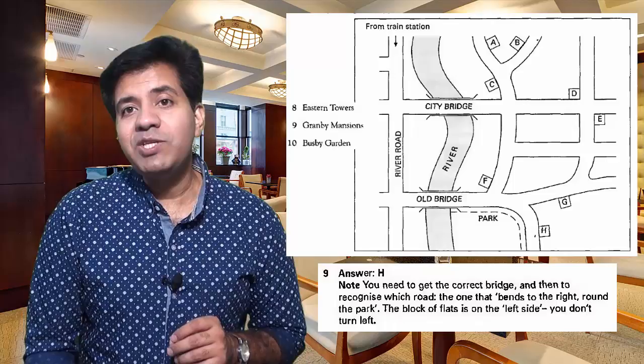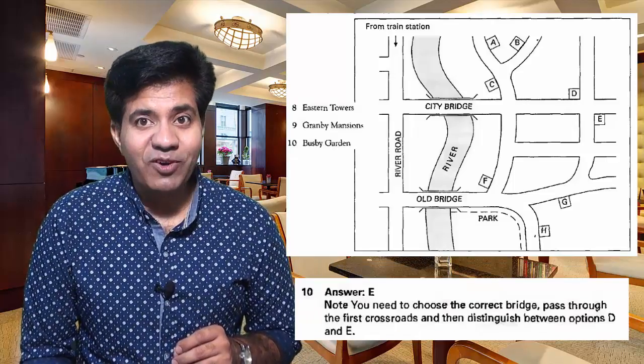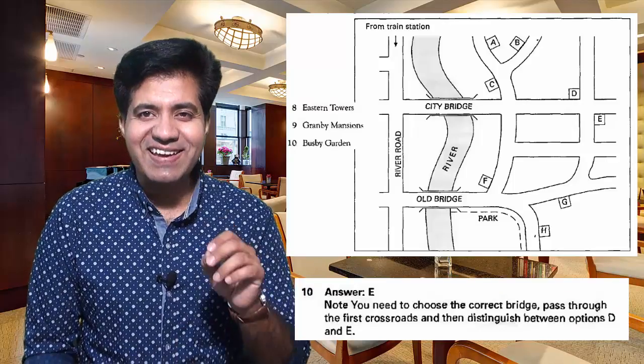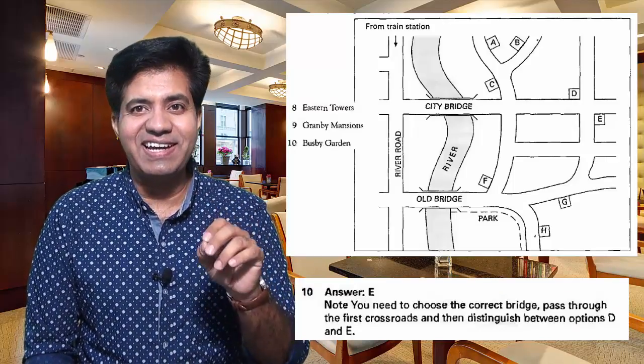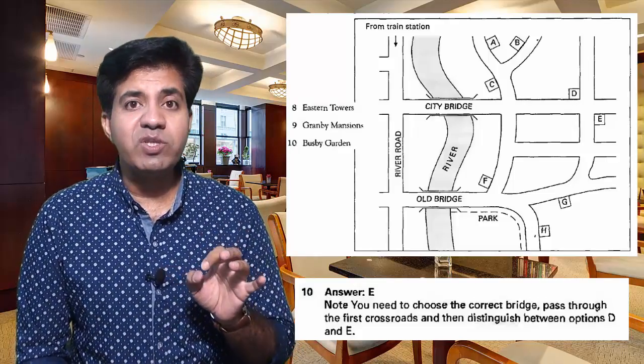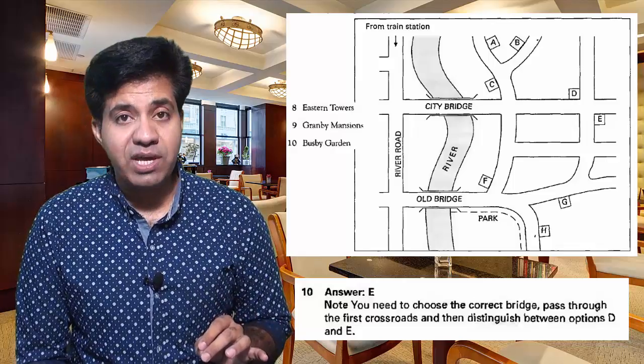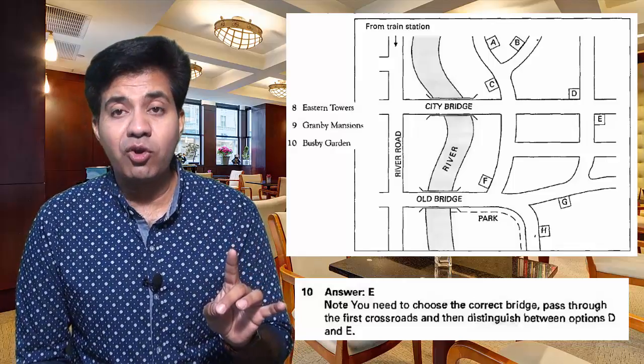Got it? What is your answer for question number 10? E for elephant. Good. Well done. I'm proud of you. So for question number 10, the answer is E. Note, you need to choose the correct bridge. Pass through the first crossroads.